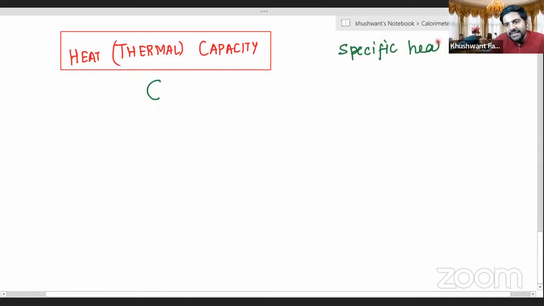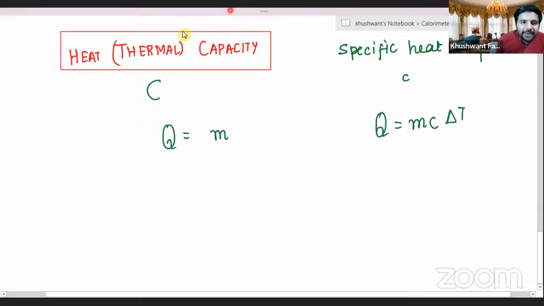Specific heat capacity, let me represent it by small c, and the heat capacity value by capital C. तो इसका relationship क्या? Understand this, okay? So heat value can be written as m into c times delta t, or simply C into delta t, or simply capital C into delta T.